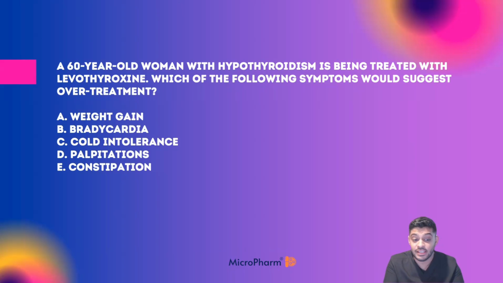Patients will have heat intolerance, the opposite. They'll start to feel really hot. They may have palpitations, and if you overtreat, particularly for a prolonged period of time, it can lead to arrhythmias as well. And quite often, if a patient has hyperthyroidism, they have diarrhea as well.